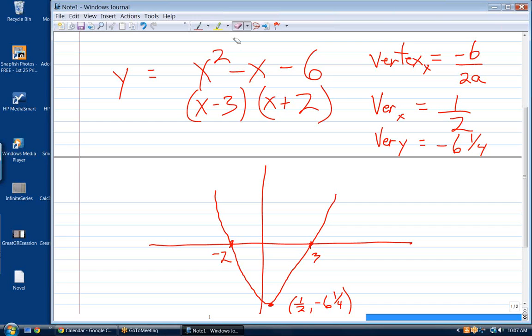Okay. So if I put it into standard form here, I just want to get everything on one side. Standard form is ax squared plus bx plus c equals 0, or standard form is ax plus by, correct?